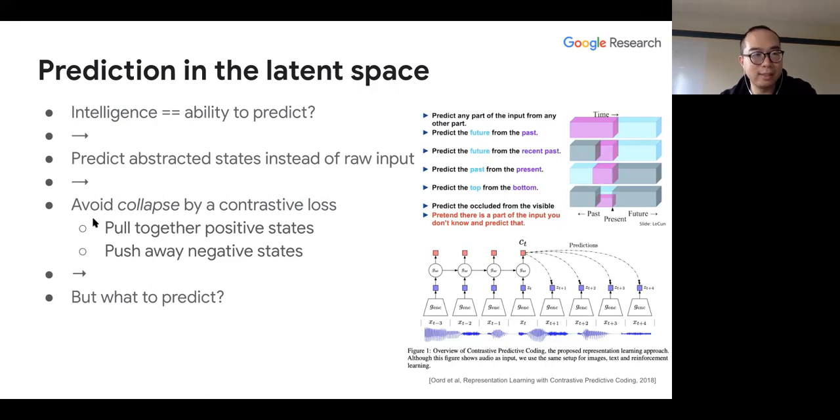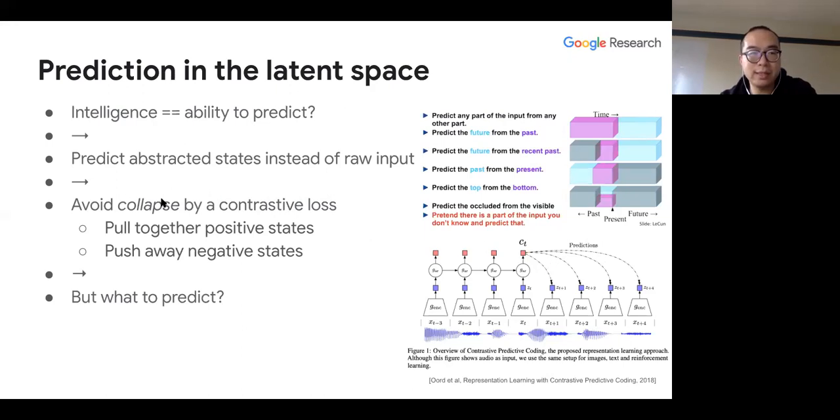But then you encounter this collapse issue, right? This is a plot from CPC, where you take the past states and predict the future states. If you train a model to predict these future states, the model can easily solve it by mapping everything to a constant, because that maximizes the predictability. But there's nothing learned there.